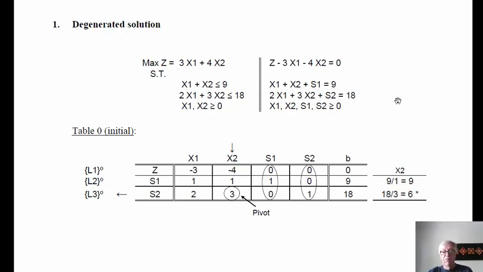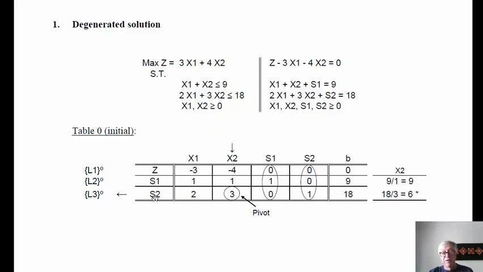To build the initial simplex table, we just consider a line for each of these expressions. So one line for Z, one line for the first restriction, and another line for the second restriction. We start by listing the decision variables x1 and x2, and then we consider the slack variables s1 and s2 and the independent term.